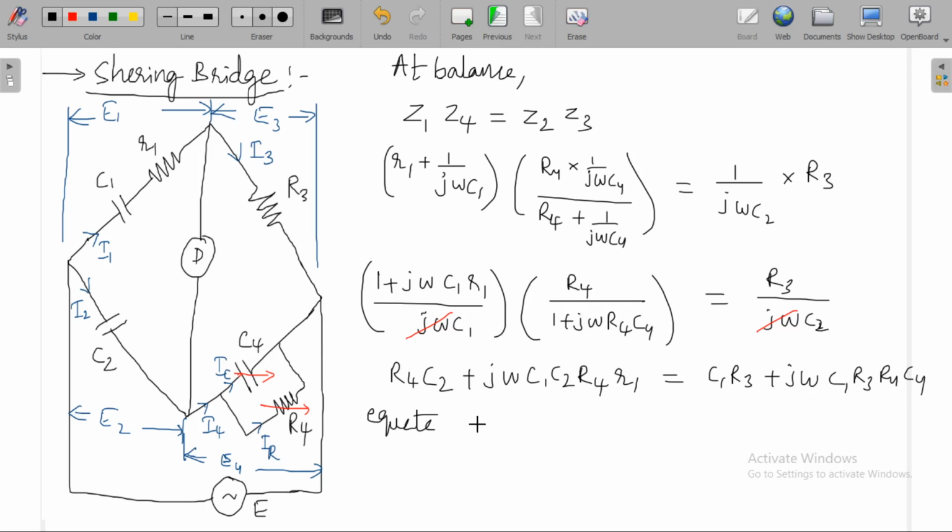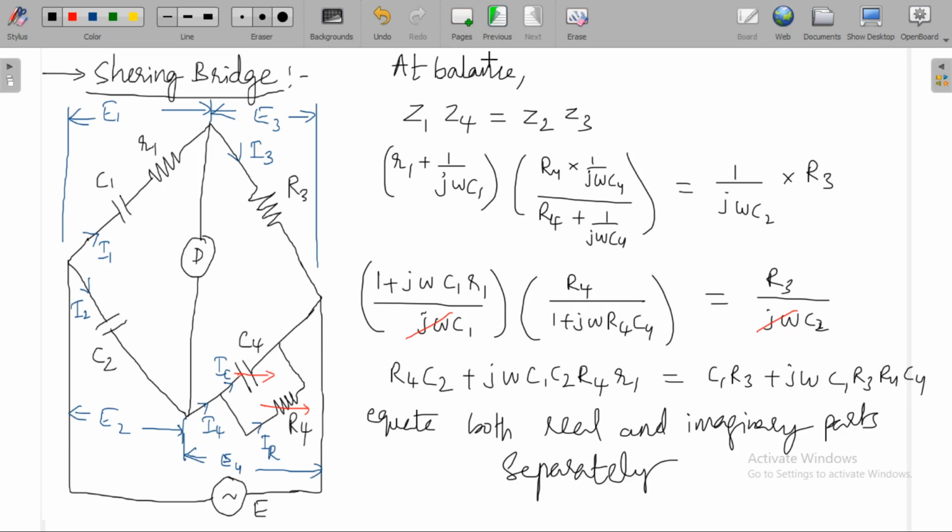Equate both real and imaginary parts separately. What is the real part? On the RHS, this is the real part.